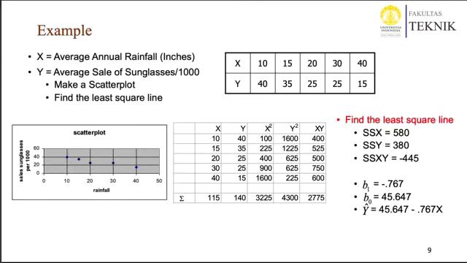Let's take a look at this example. Here on the x-axis we have average annual rainfall, and on the y-axis we have average sales of sunglasses divided by 1,000. So what do we need to do? First, we need to make a scatter plot, where the y-axis is the average sales of sunglasses and the x-axis is average annual rainfall.